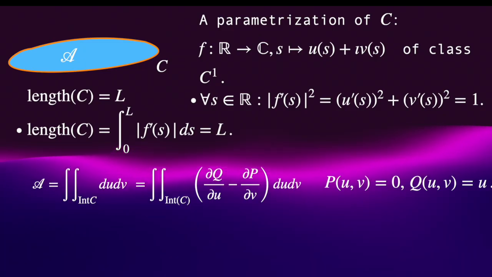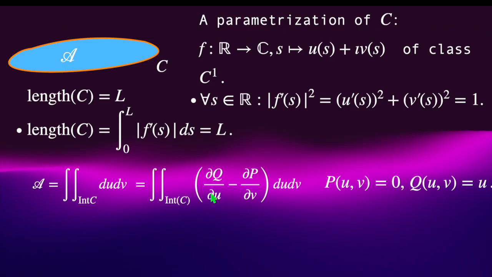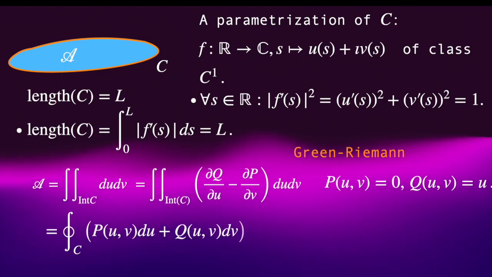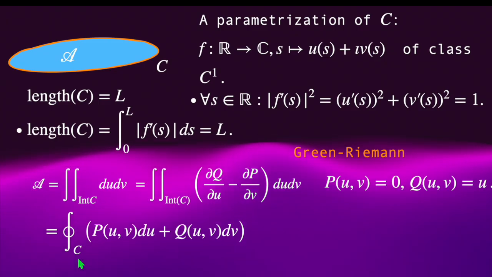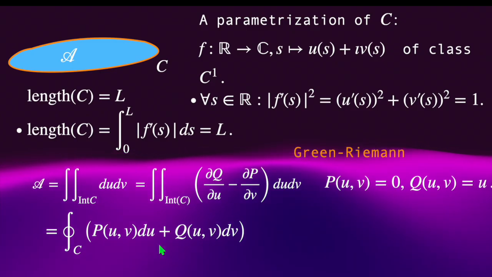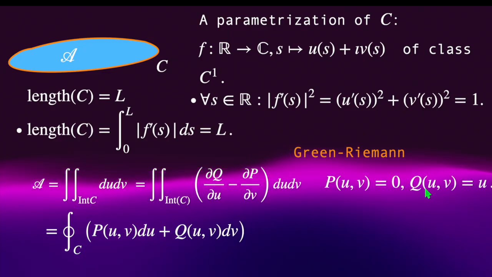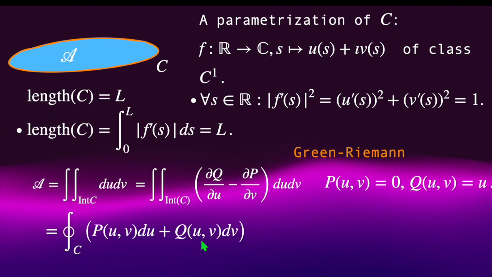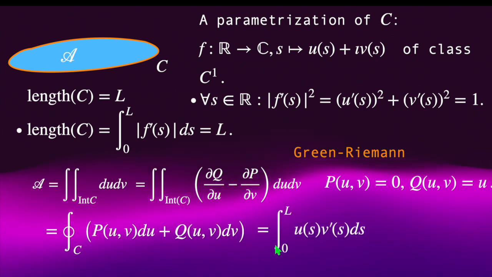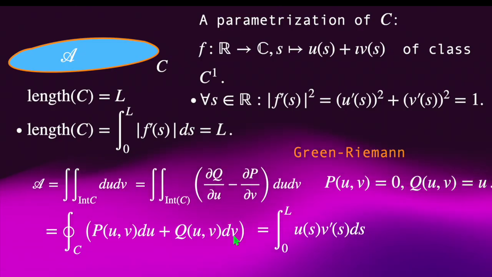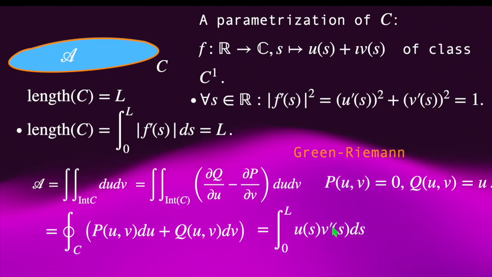So the Green-Riemann formula gives us that this integral is equal to the curvilinear integral over C of this one-form. And now if we replace P by 0 and Q by u, we get this formula: u dv is equal to v'(s).